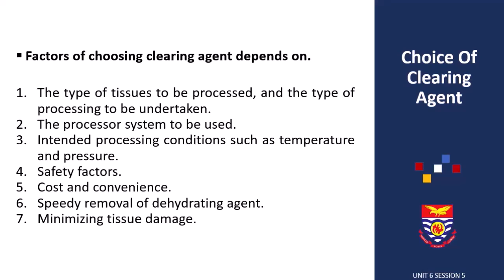We should also look at safety factors, the cost and convenience of the procedure, and the speedy removal of the dehydrating agent. You also have to minimize tissue damage so that when observing under the microscope, the proper orientation and view of the specimen will be observed.